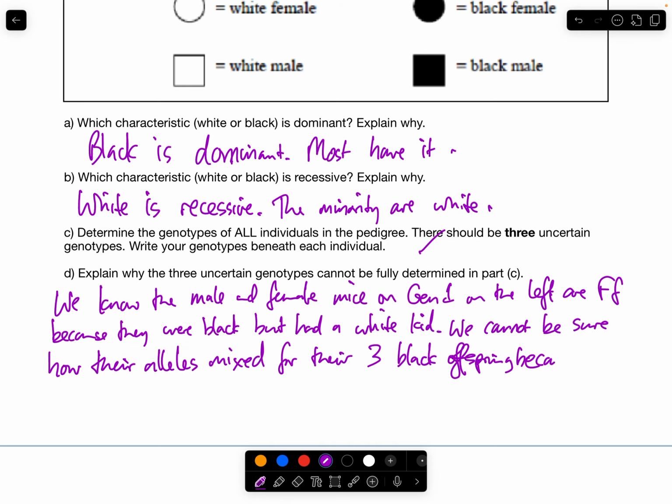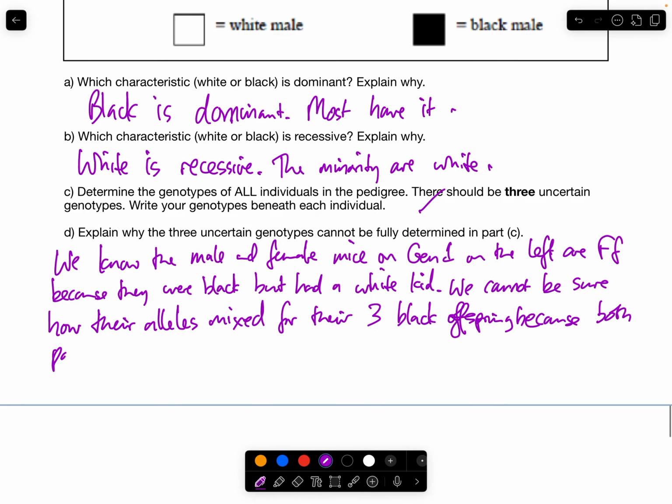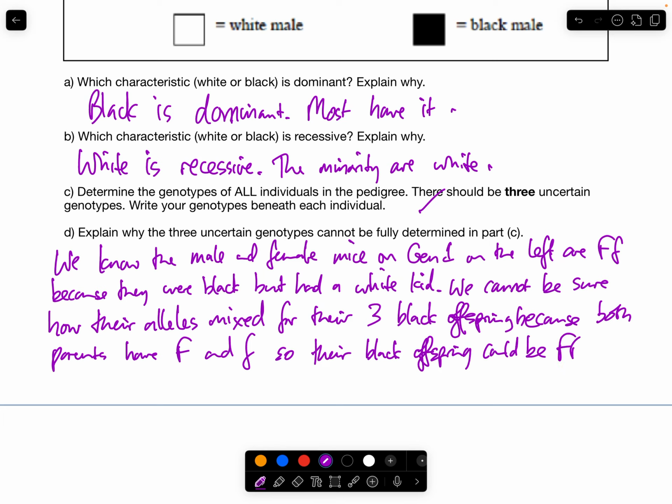because both parents have capital and small, so their black offspring could be capital capital or capital small.